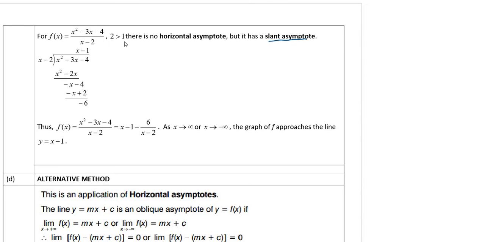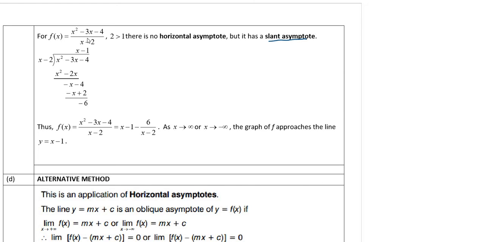As we just said, the degree is more, so there is now a slant asymptote. Now to determine the slant asymptote, we have more than one method, and you can choose which one you like most and which one you want to use. It doesn't matter at all.